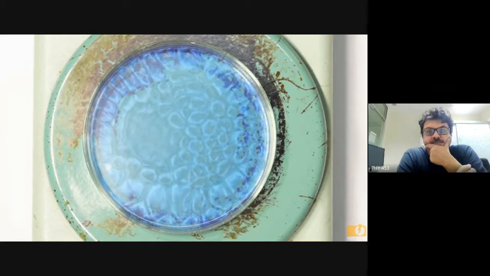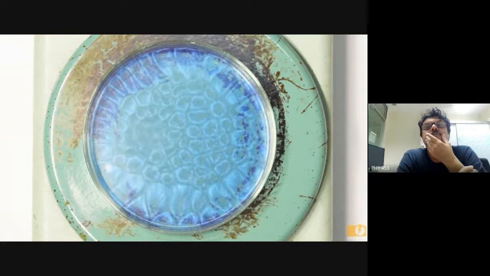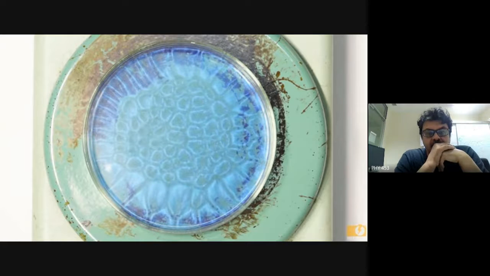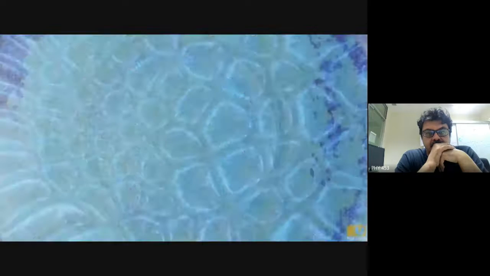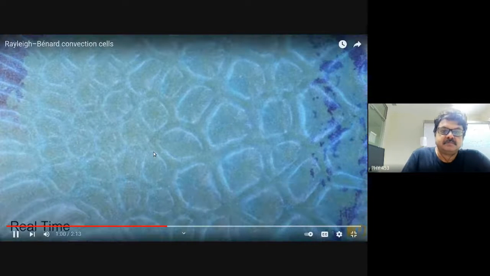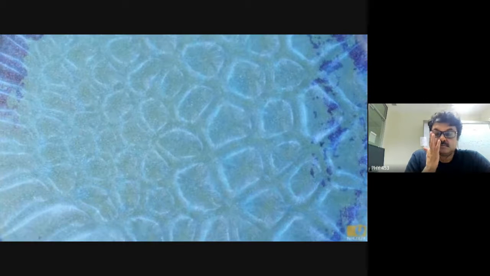Once it reaches the surface, it begins to spread out because the surface tension of warm oil is less than that of cool oil. Cool oil begins to pull together at the edges of the Bernard cells, pulling the warm oil away from the center. Once the oil has reached the edge, it begins to cool and sink down to the bottom of the dish where it can be reheated, forming a feedback loop.